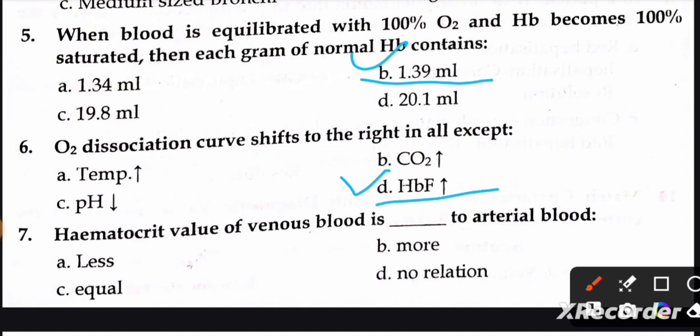Next question is hematocrit value of venous blood is dash to arterial blood. A less, B more, C equal and D no relation. Right option is B. So right answer is hematocrit value of venous blood is more than arterial blood.